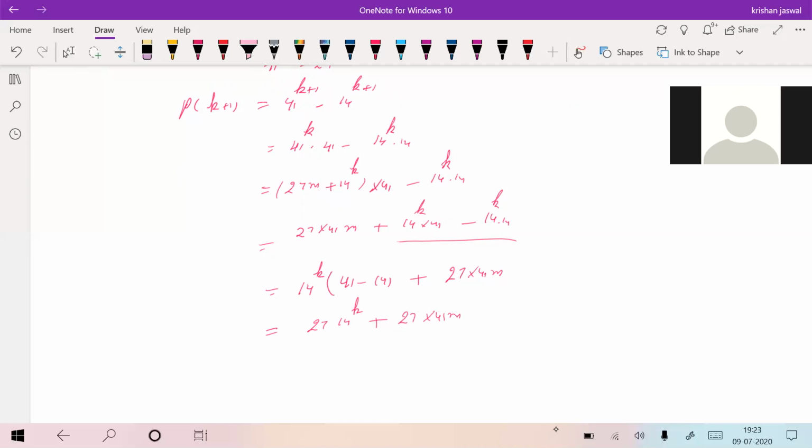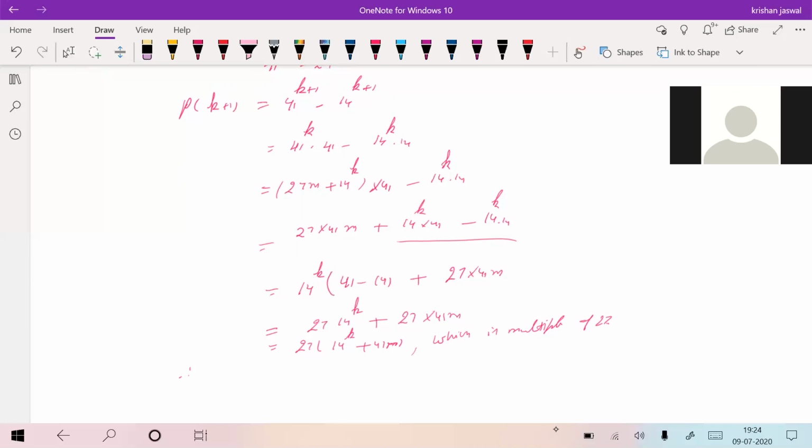Now 27 is common: 27 into 14 power k plus 41m. Therefore the answer is a multiple of 27. Therefore, the result is true for n is equal to k plus 1.